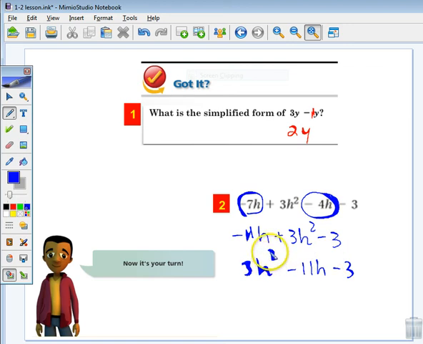This has a 2, a 1, and then 0. So we want to look at their exponents on the variables, and then we put them in that order. Notice I put minus 11h because 11 is negative, so I want to make sure I keep 11 negative.